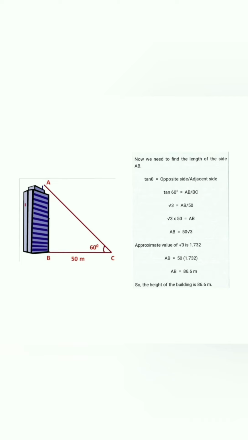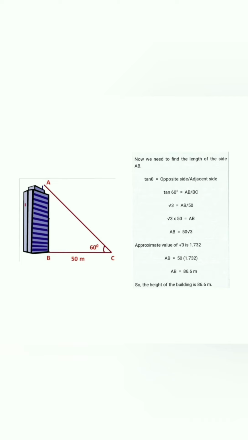Here I have a second question. Now we need to find the length of the side AB. Tan equals opposite over adjacent side. So tan 60 equals AB over BC. So square root 3 equals AB over 50, and then square root 3 times 50 equals AB.